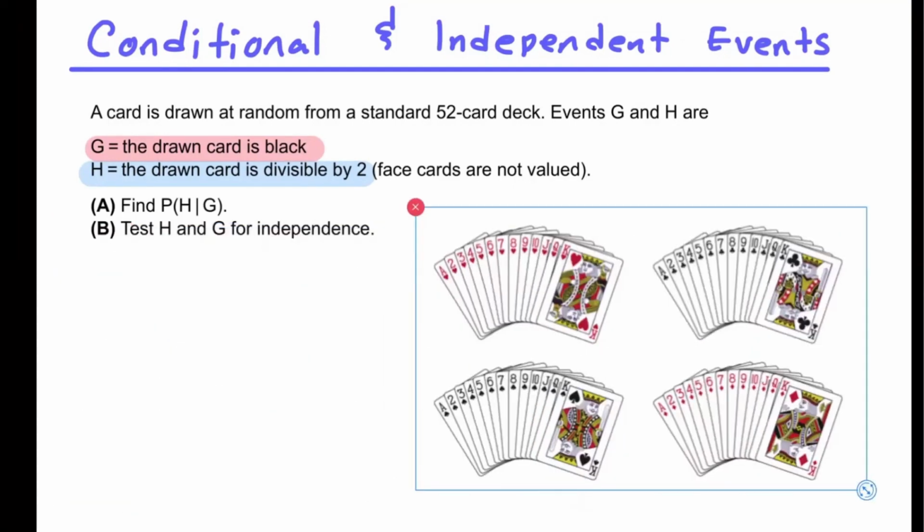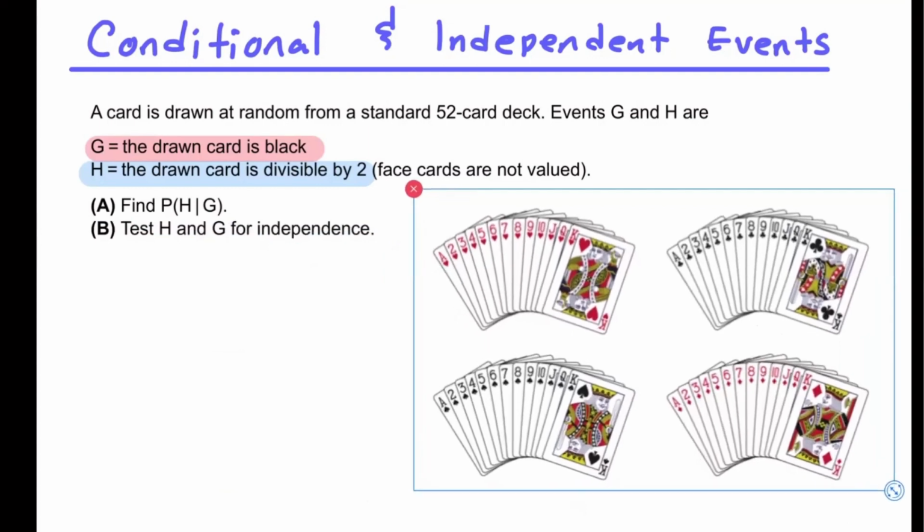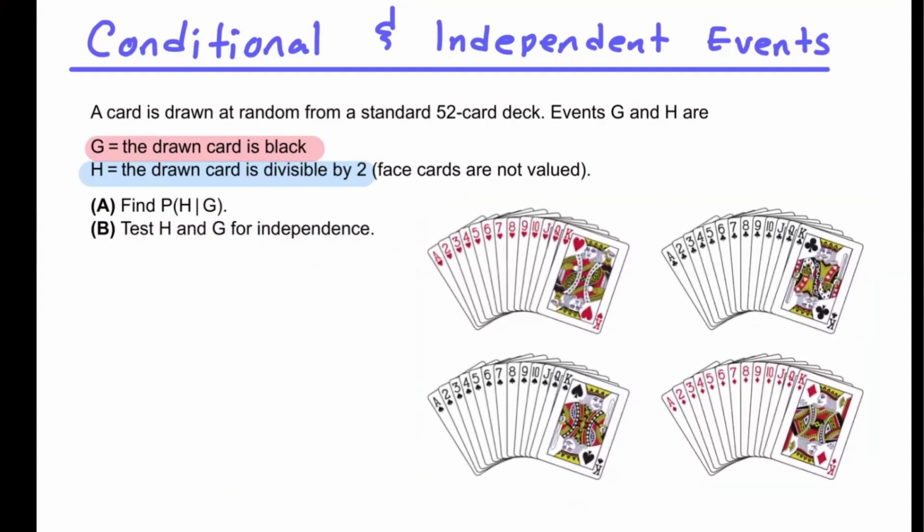All right, here we go. This is our sample space. We're looking at a 52 card deck. We're going to find the probability of H given G. By the definition of conditional probability, we write the probability of H given G as the probability of H and G divided by the probability of G. H and G are these specific events from this sample space.